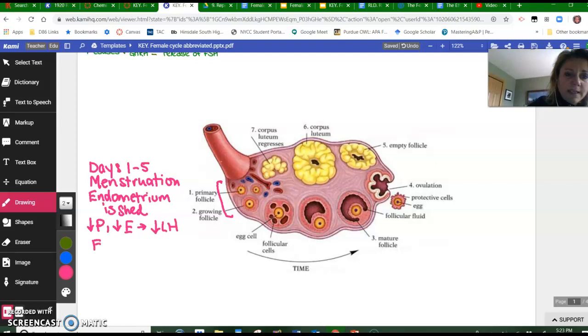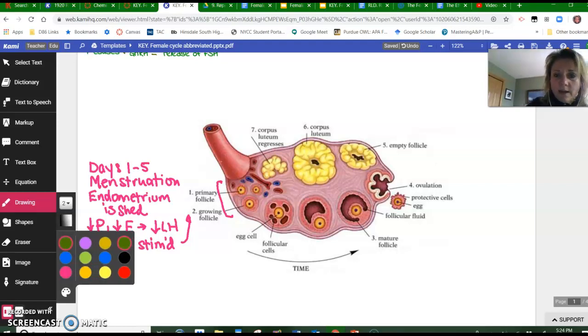But FSH is stimulated to be released. And because FSH is stimulated, we are going to get a follicle that starts growing around a primary oocyte. And so this is happening days 1 through 5.